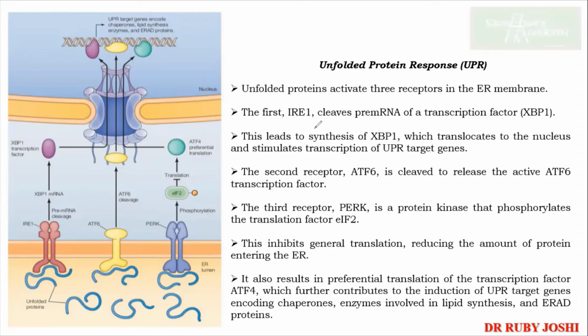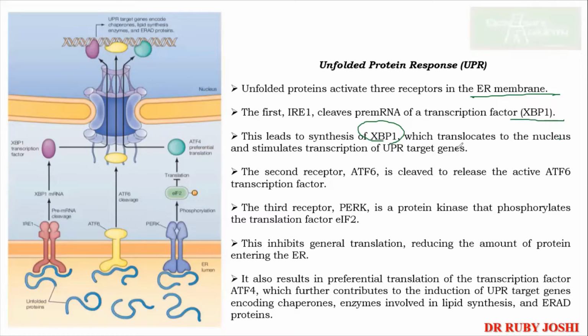Okay. Now this is how the UPR is actually responding. We have the unfolded proteins which activate three receptors in the ER membrane. The first one is IRE1, which will cleave the pre-mRNA for the transcription factor XBP1, which leads to the synthesis of XBP1, which translocates to the nucleus and stimulates transcription of the UPR target genes.